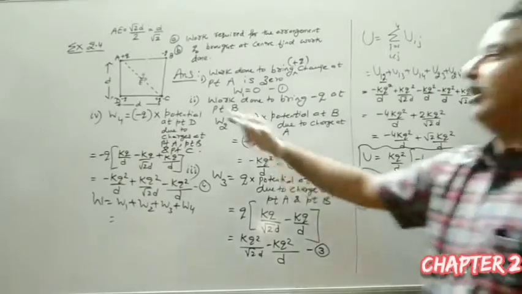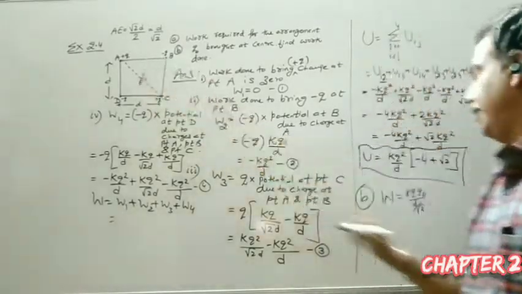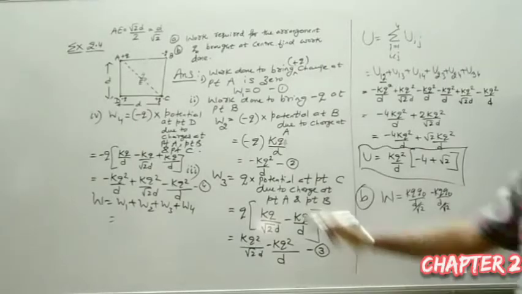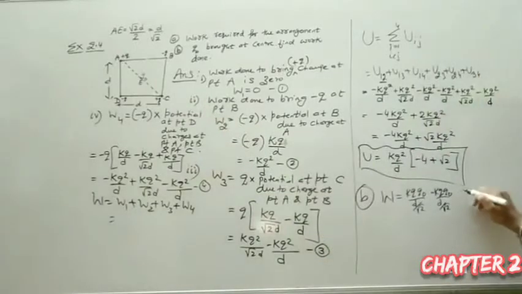Then the work done against B is minus K Q naught upon D by root 2. Then against C, plus K Q naught upon D by root 2. Then against D, minus K Q naught by D by root 2.